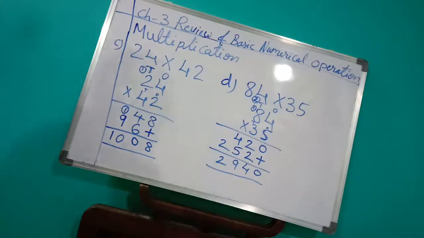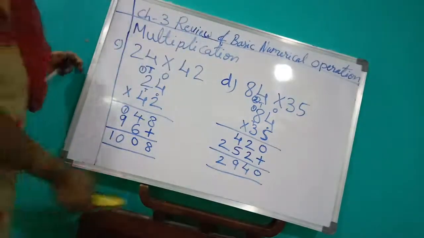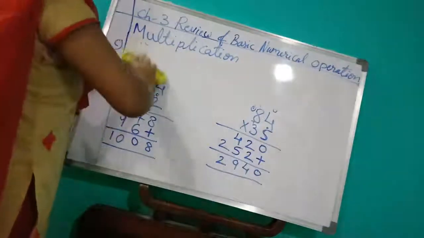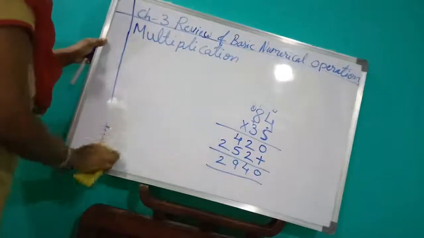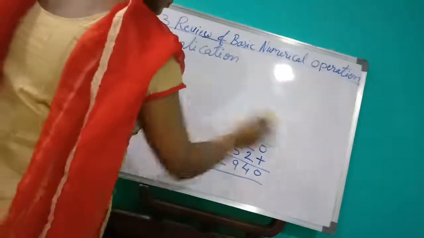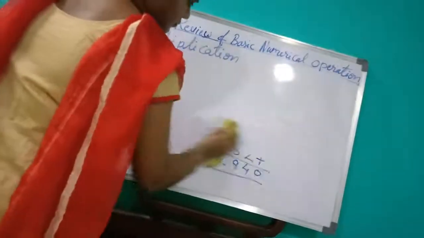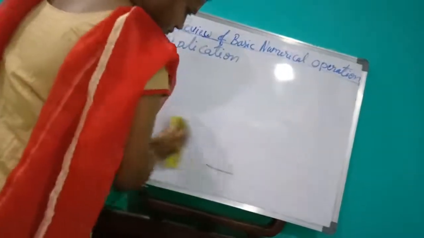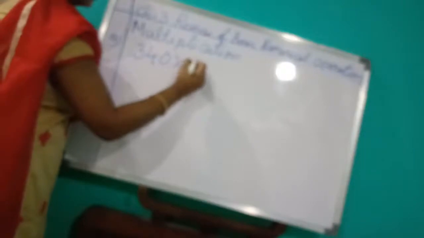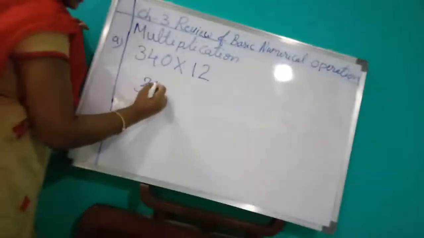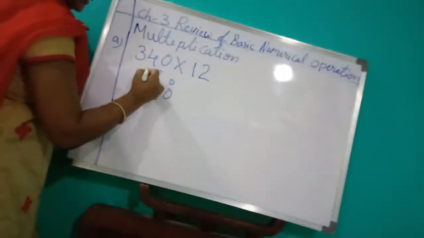Okay children, now examples of 3-digit numbers. See here, 340, ones place, tens place, hundreds place.